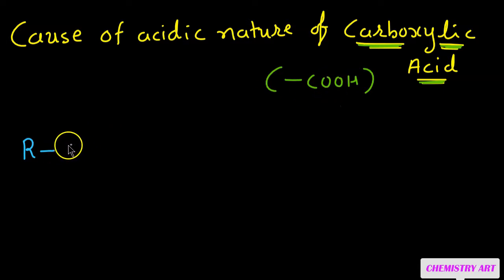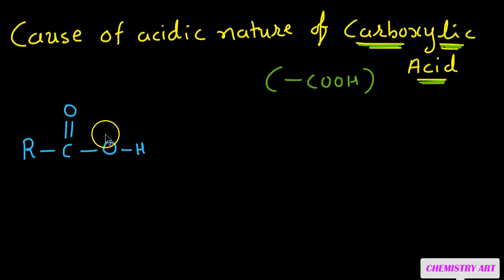Let me show the carbon of the COOH group. One of the oxygens is bonded with a double bond to the carbon, and the other oxygen is bonded with a single bond to the carbon, and the hydrogen is bonded with this oxygen as a hydroxyl group. This is the OH group.